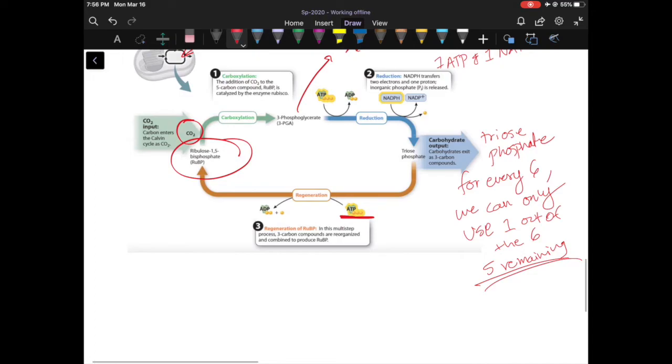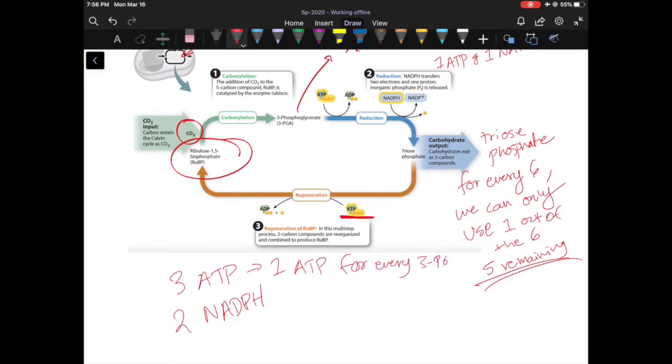And so overall, for the Calvin cycle, we use 3 ATP and 2 NADPH. So if we break this down, 1 ATP for every 3-PGA molecule.